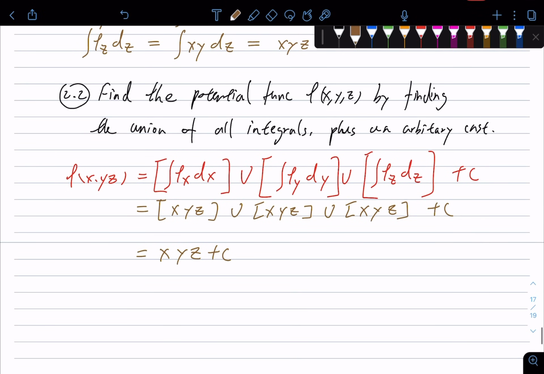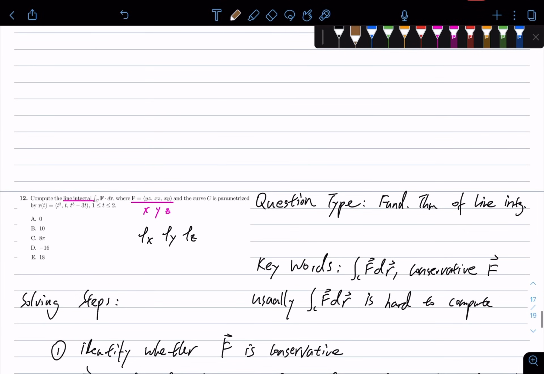And then step 3, we're going to identify the time interval which it belongs to, a and b. In this case, t belongs to 1 and 2.